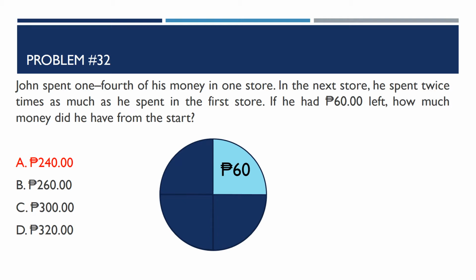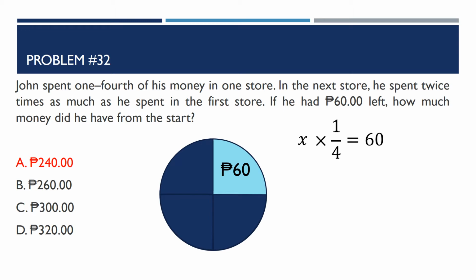So whatever John's money was at first, we represent it as X because we don't know how much it is. So 1/4 of that will be 60. But since we are looking for the money originally, it is the reverse process or reverse operation.